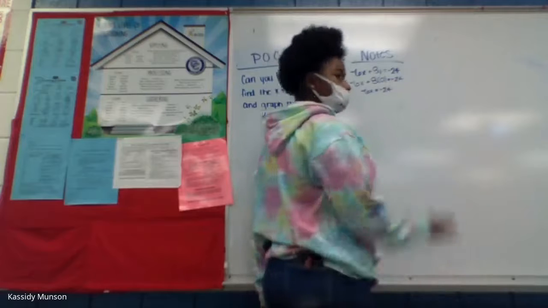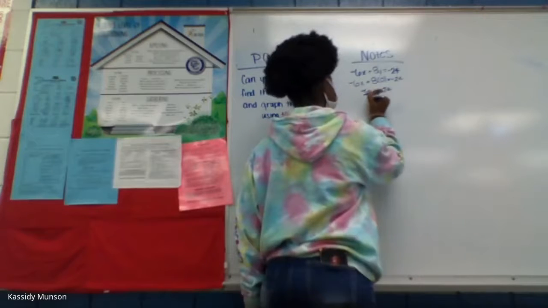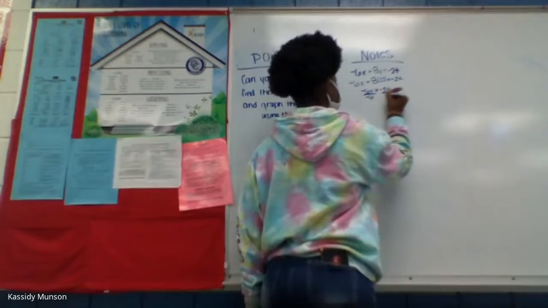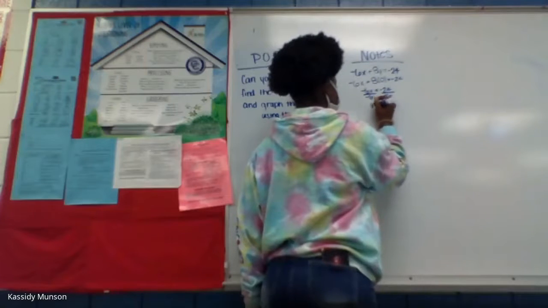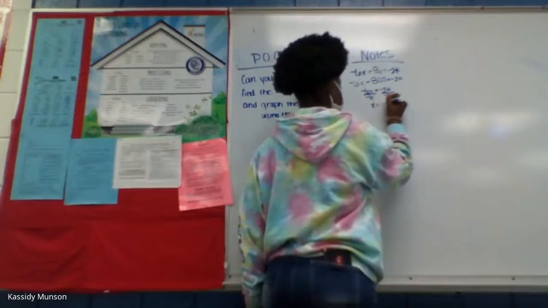And then you divide both sides by -6. And you do the same for y, but instead of putting 0 for y, you put 0 for the x.